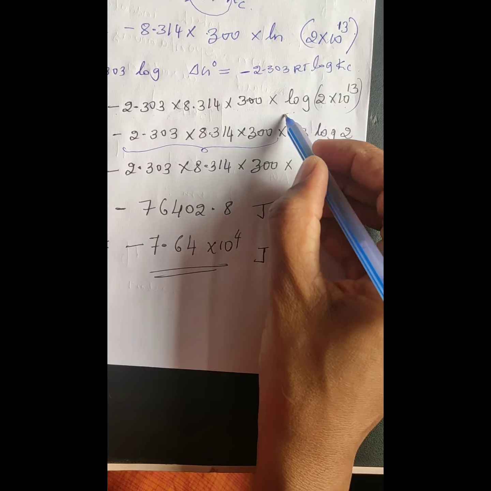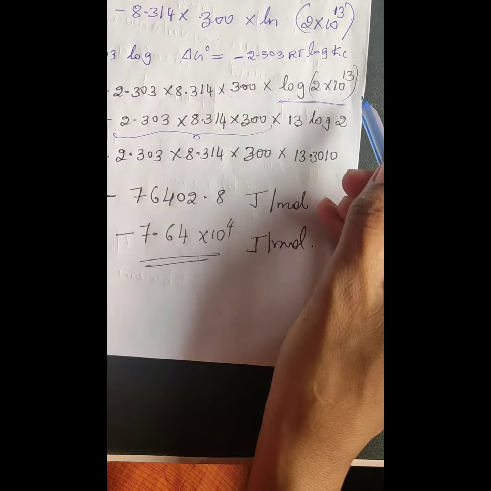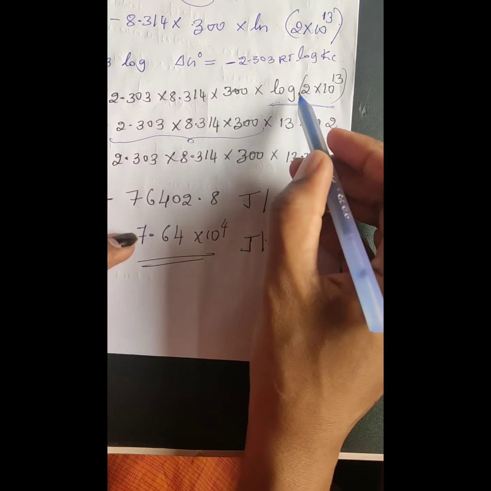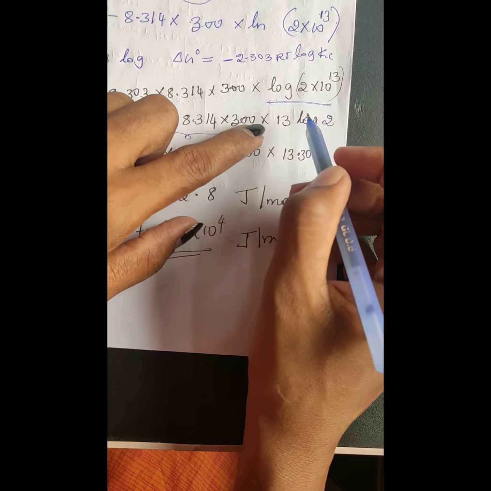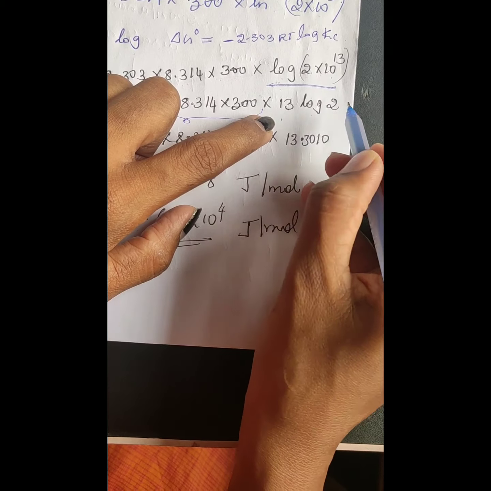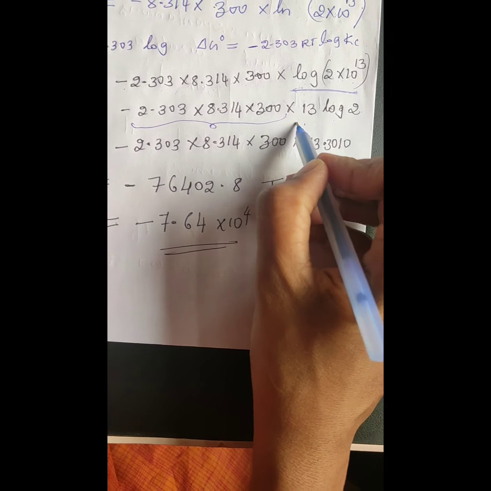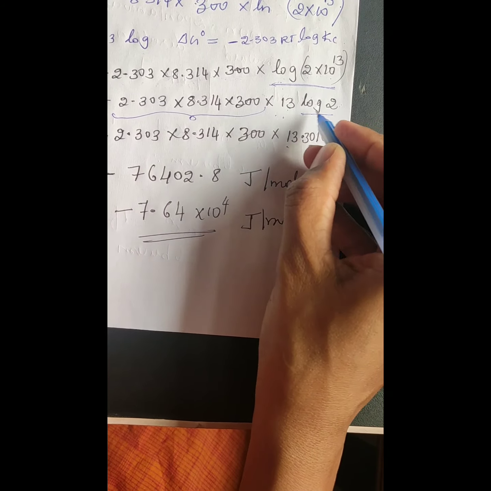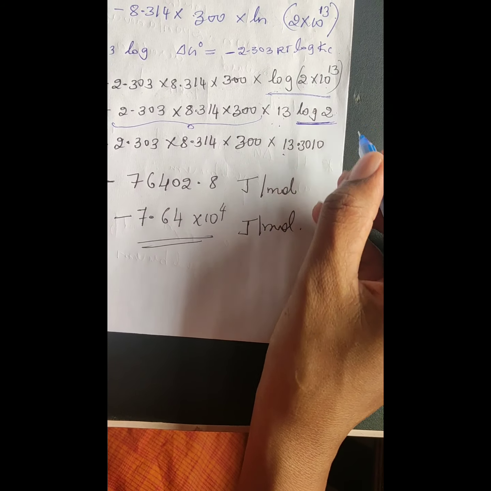I will first simplify the log. I think you all know how to take the log. As it is in exponential form, the log can be taken as the power, that is 13 plus log 2. You have to check log 2 using a log table.